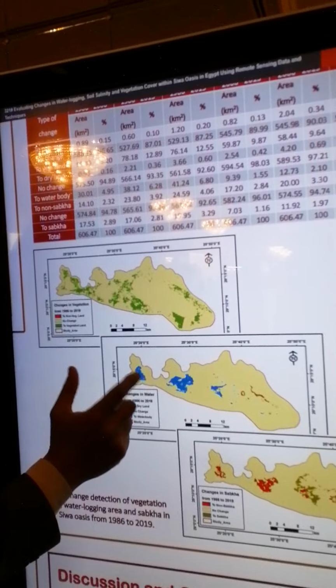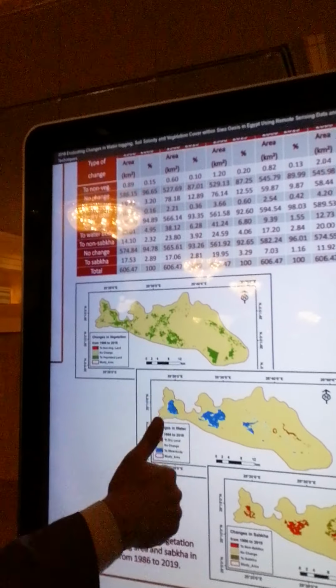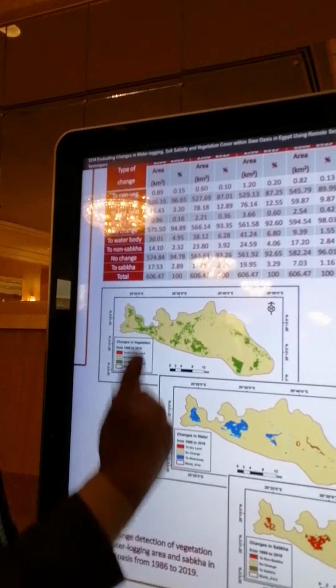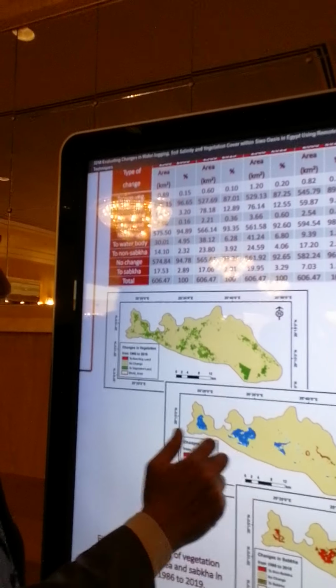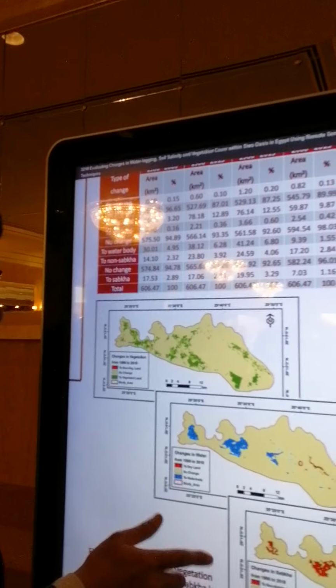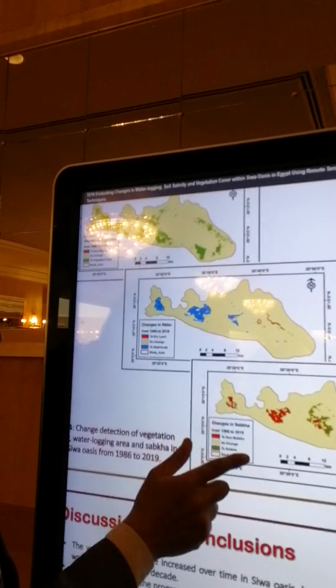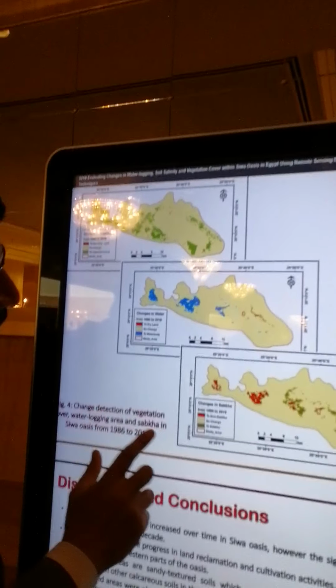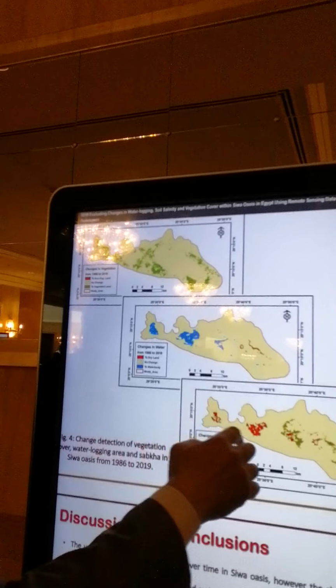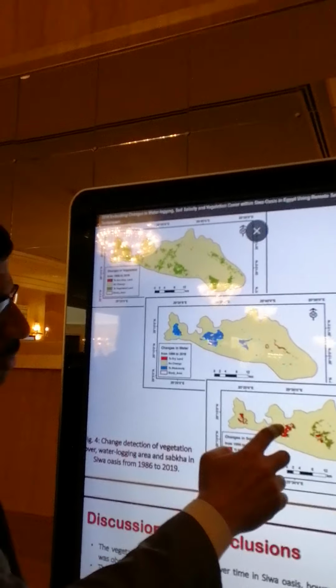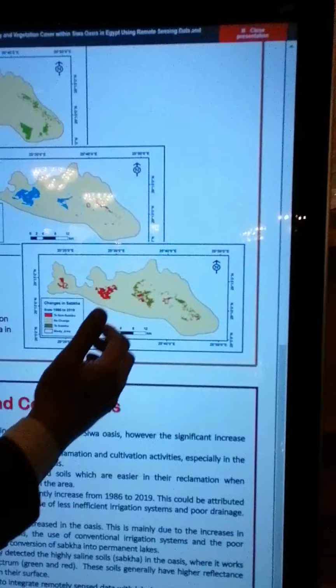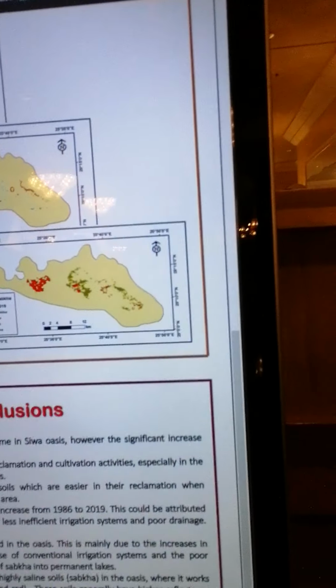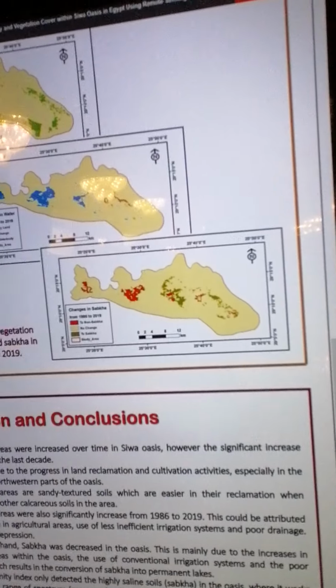The blue means the increase in waterlogged areas, the red means decline in waterlogged areas, and the yellow areas mean no change. The same thing with the Sabkha areas. The red color means decline in Sabkha areas, while the blue color means increase in Sabkha areas, and this is no change.